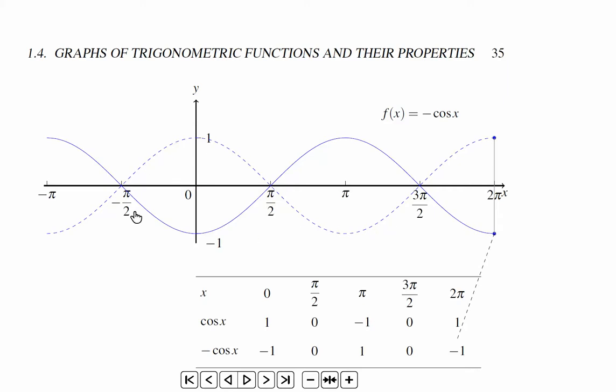You see cosine of -pi over 2 is 0. So that tells us that if a graph is symmetric with respect to the y-axis, then it's going to be an even function. Cosine x is an even function, and sine x, remember, starts from 0.